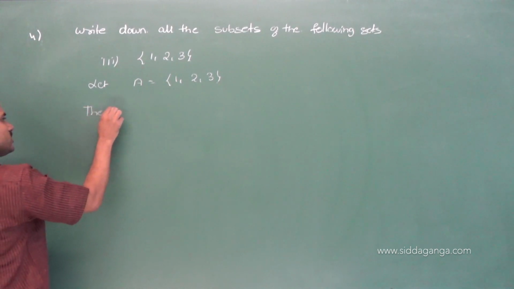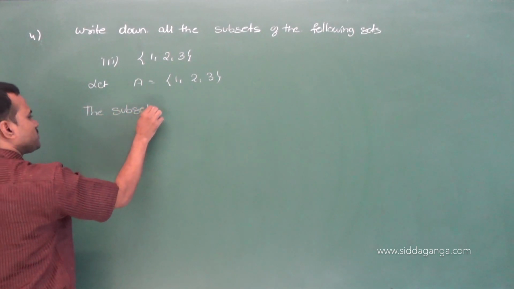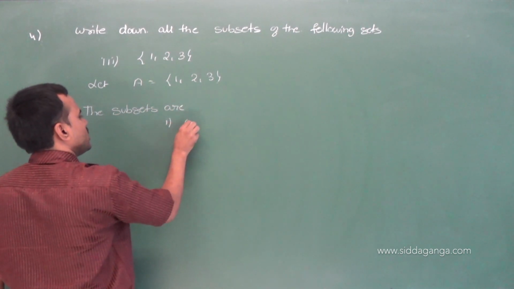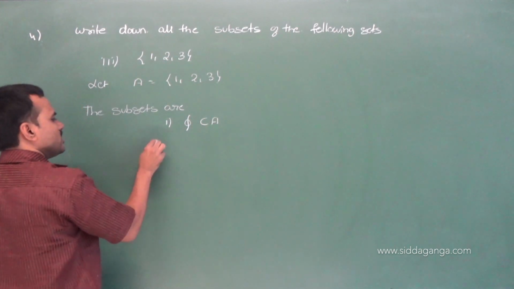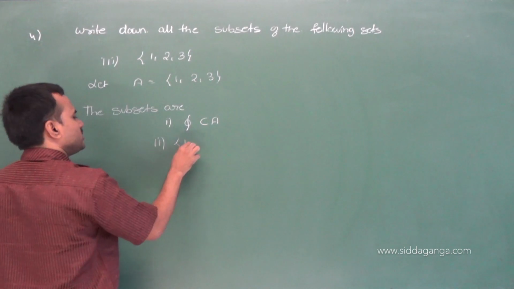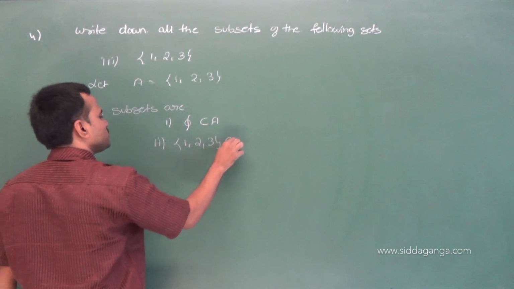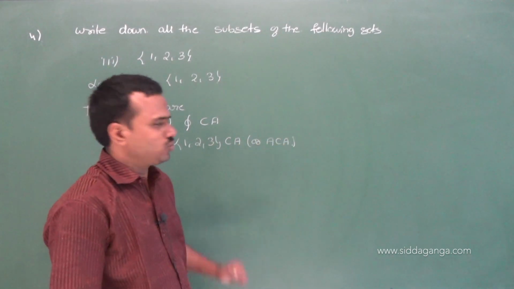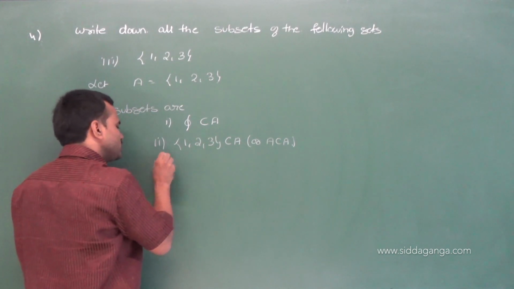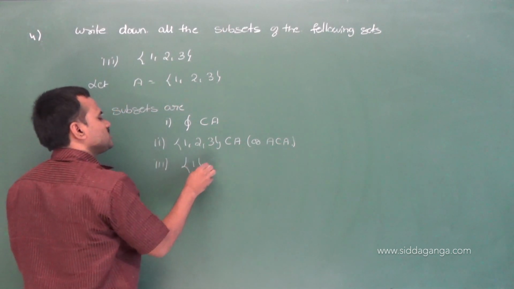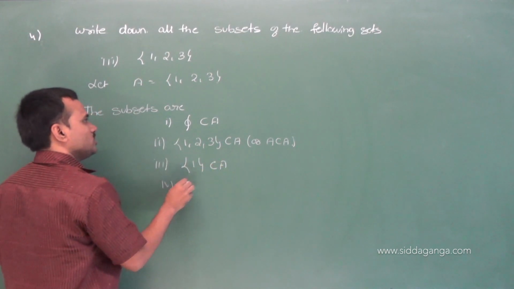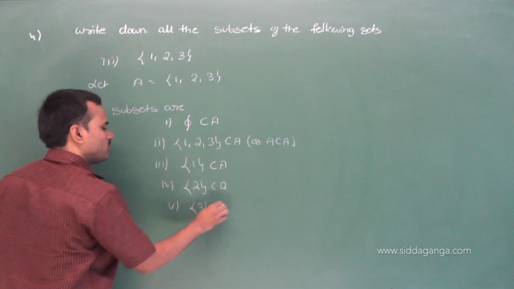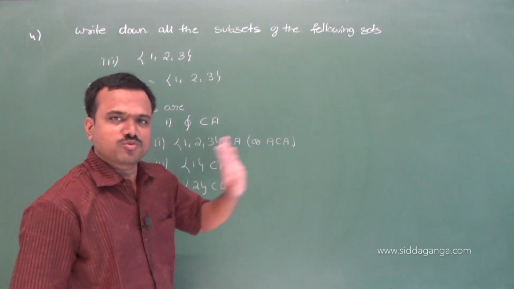The subsets are, first one is empty set is a subset of A. Second one, the set itself, means {1, 2, 3} is a subset of A, or A is a subset of A itself. 2 over. So next what we do, we write only single elements. {1} is a subset of A. Fourth one is {2} is a subset of A. Fifth one is {3} is a subset of A. Set containing single element is over.